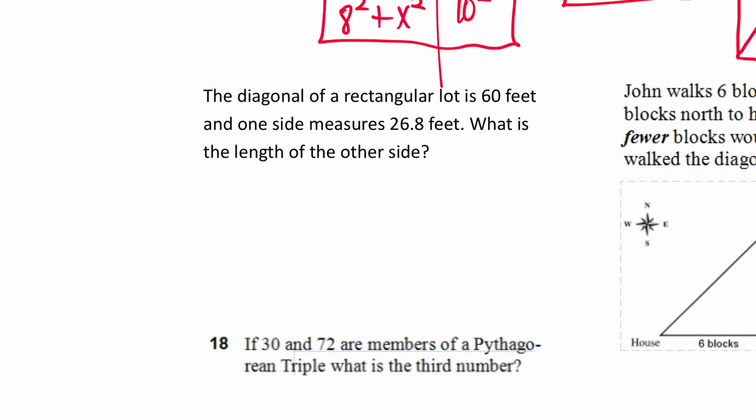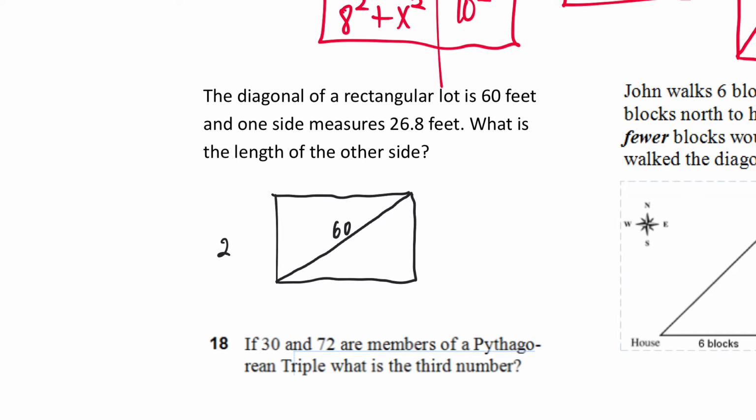Okay, next one, the diagonal of a rectangular lot. So you got this rectangular lot. Okay, and it says that the diagonal in this lot is 60 feet, and one side measures 26.8. We're looking for this other side. So on this one, we know the C, so we're going to subtract.